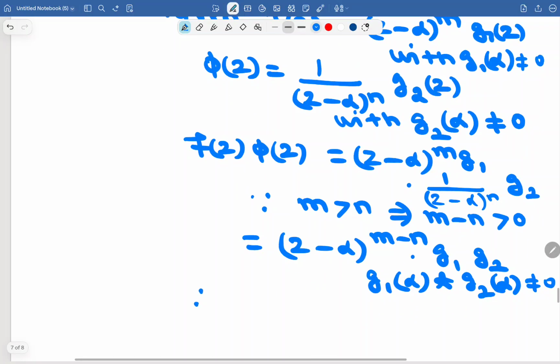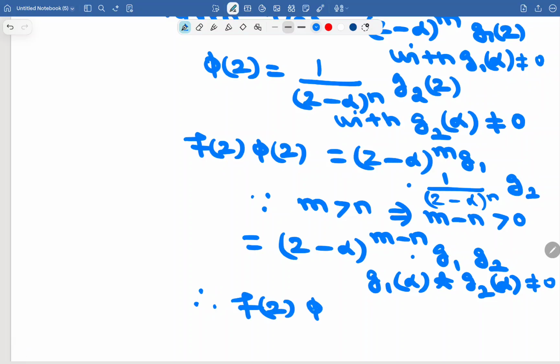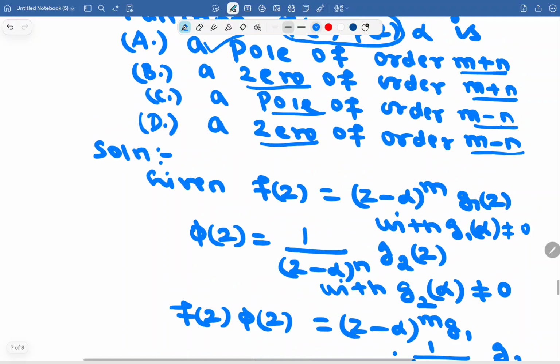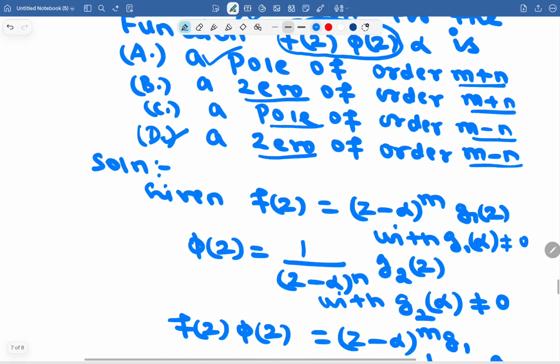Therefore from this we can say f of z with pi of z is a 0 of order m minus n. 0 of order m minus n, option D is the correct one.